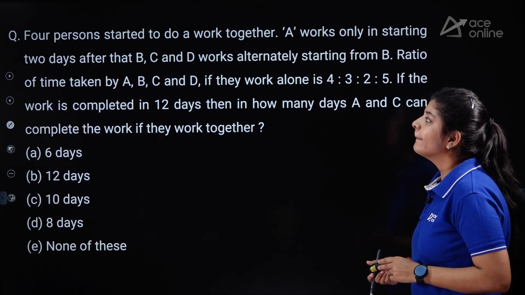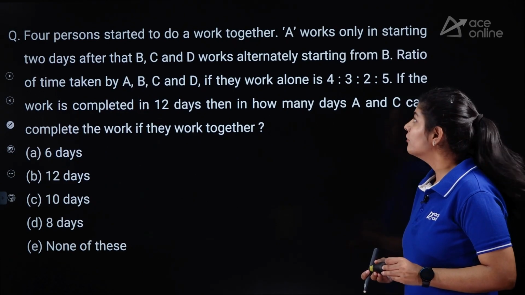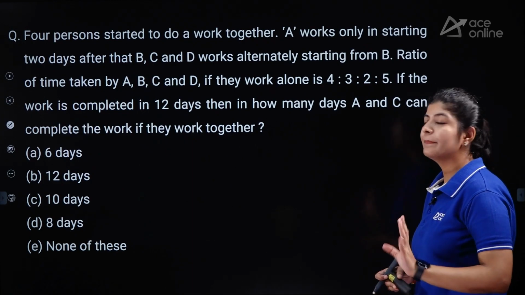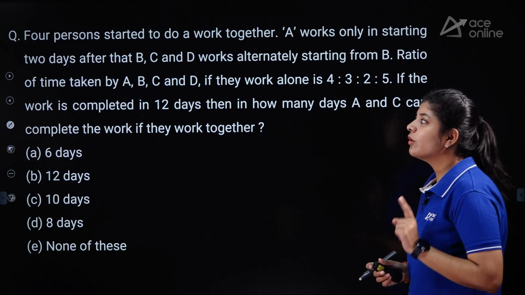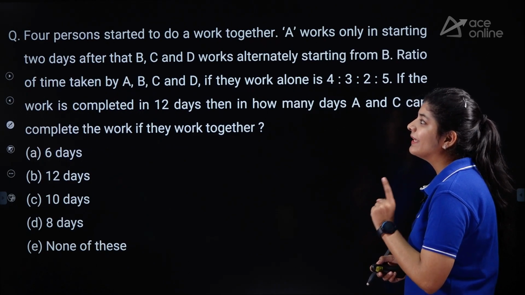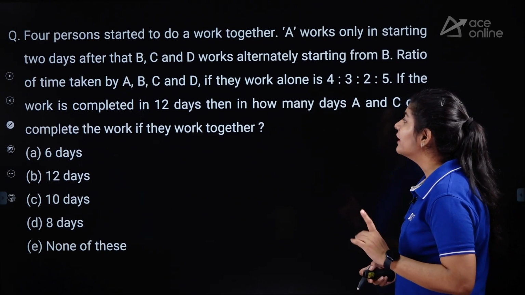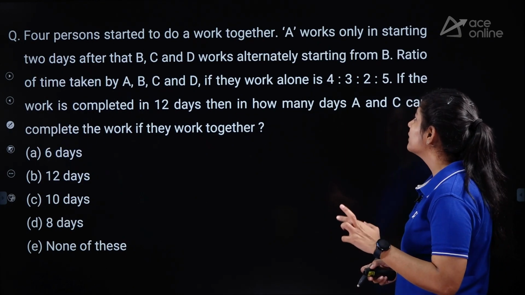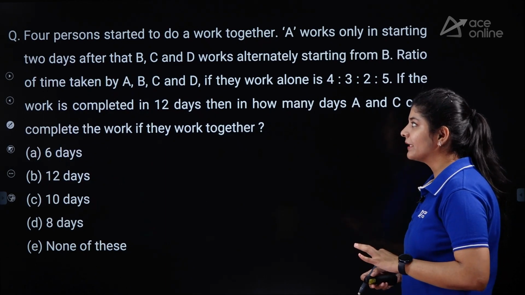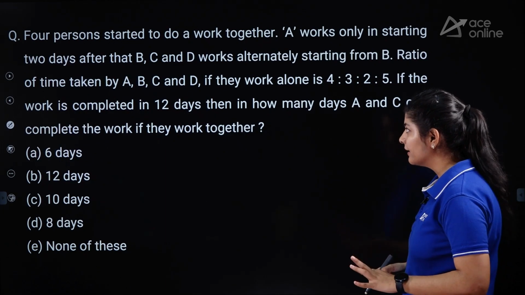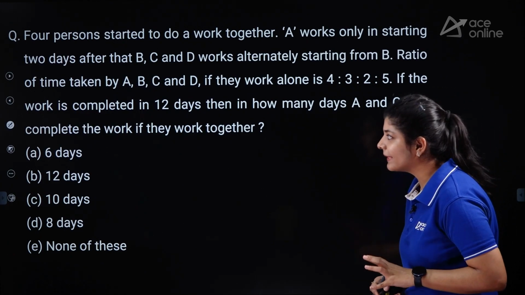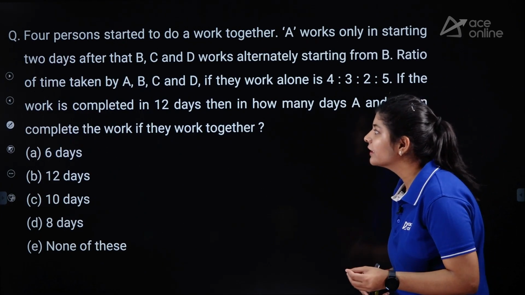After that, B, C and D work alternatively, starting from B. The ratio of the time taken by A, B, C and D if they work alone is 4, 3, 2, 5. If the work is completed in 12 days, then in how many days can A and C complete the work if they work together?